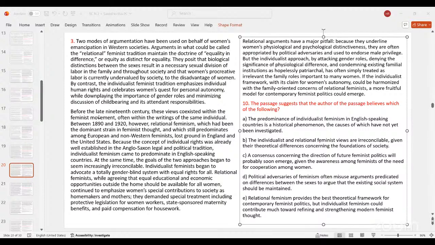Now after that, read the second para again, because of the two modes of argument, and look here. It means individual and equality both existed.